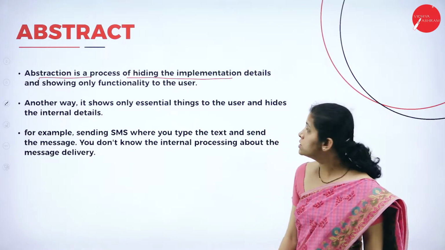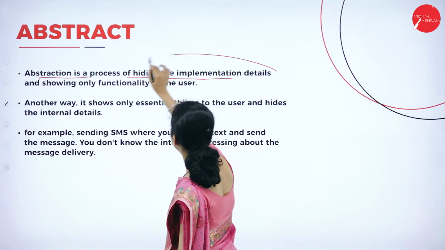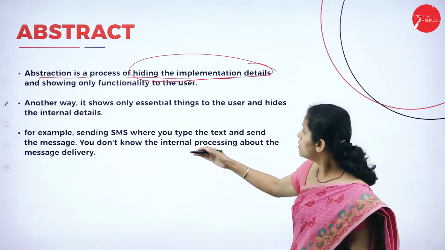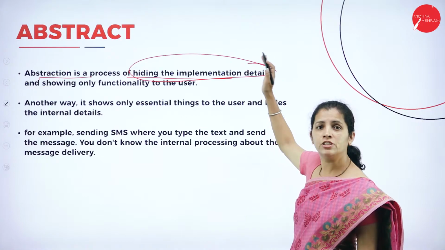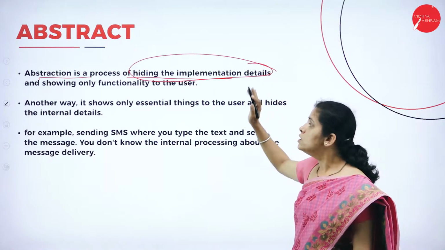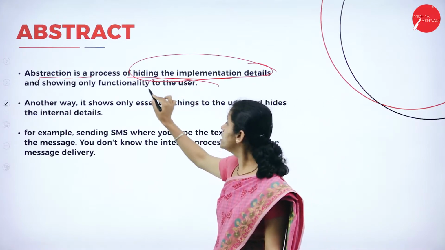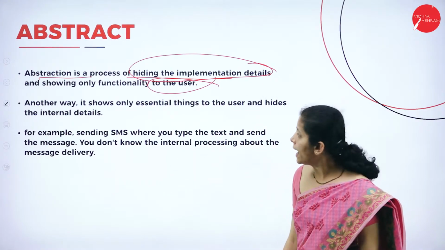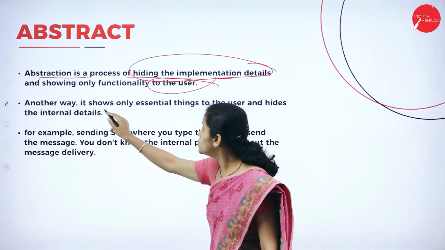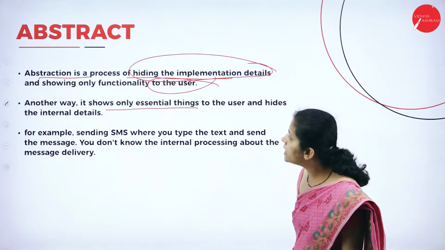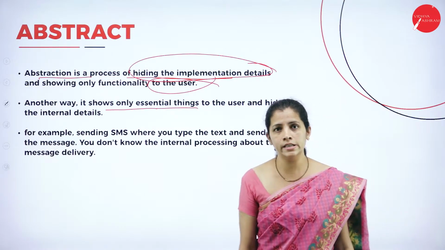It is the process of hiding implementation details and showcasing only the functionalities to the user. Put another way, it shows only essential things to the user and hides the internal details.